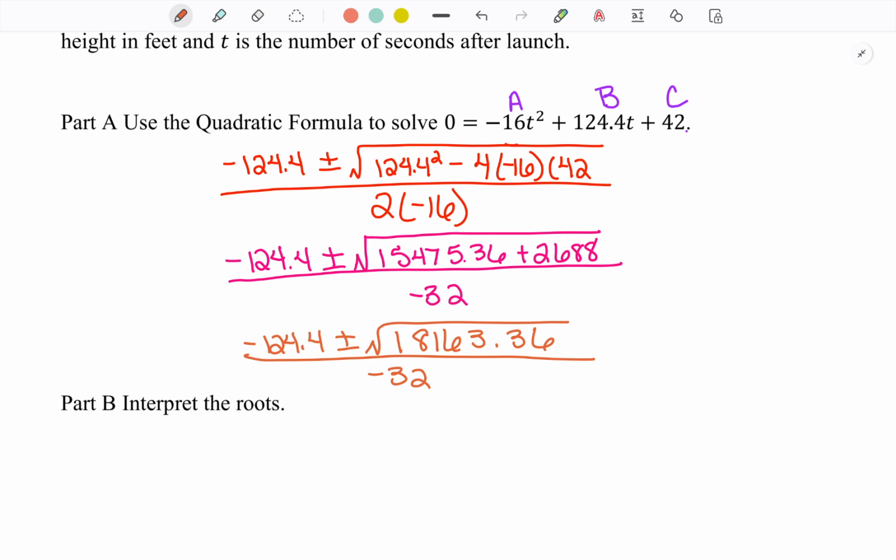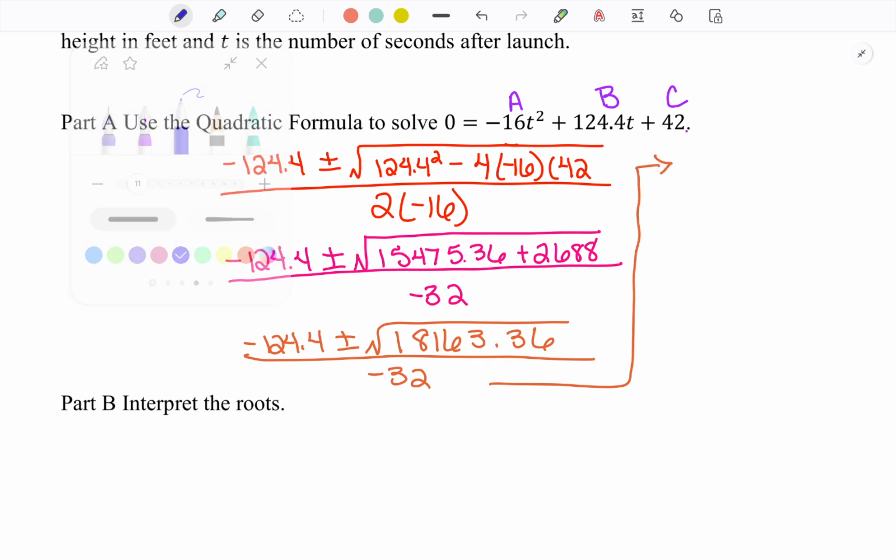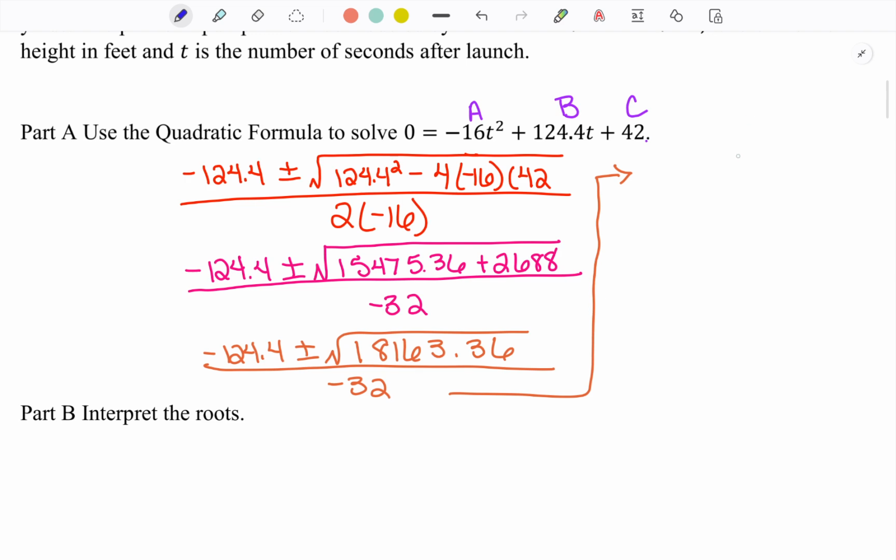So then we are going to take the square root, and that leaves us with negative 124.4 plus or minus, and then we just took the square root, which gave us 134.77, over negative 32.